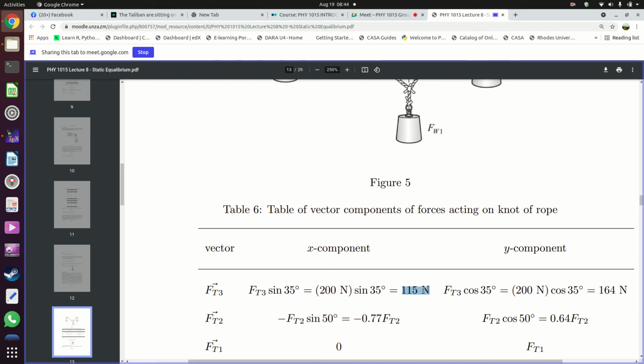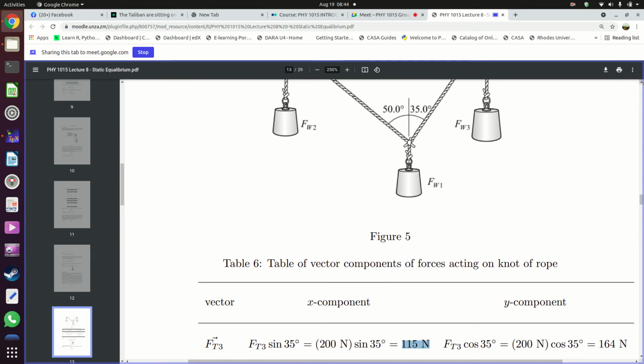Okay, 35 or 90 minus 35. What did you have? So 55. So 55 degrees.